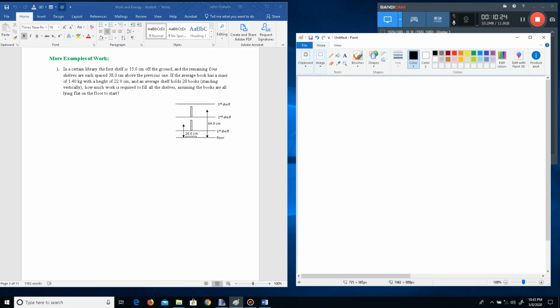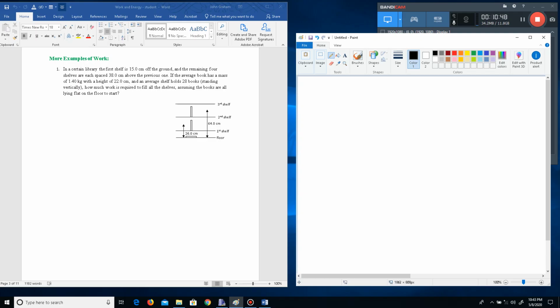This is going to be kind of an intense example, or one with lots of parts. You just gotta take it slowly. So this is a book on the bookshelf. And so you got one shelf, two shelves, three shelves. I think I state that there's going to be 4 shelves.